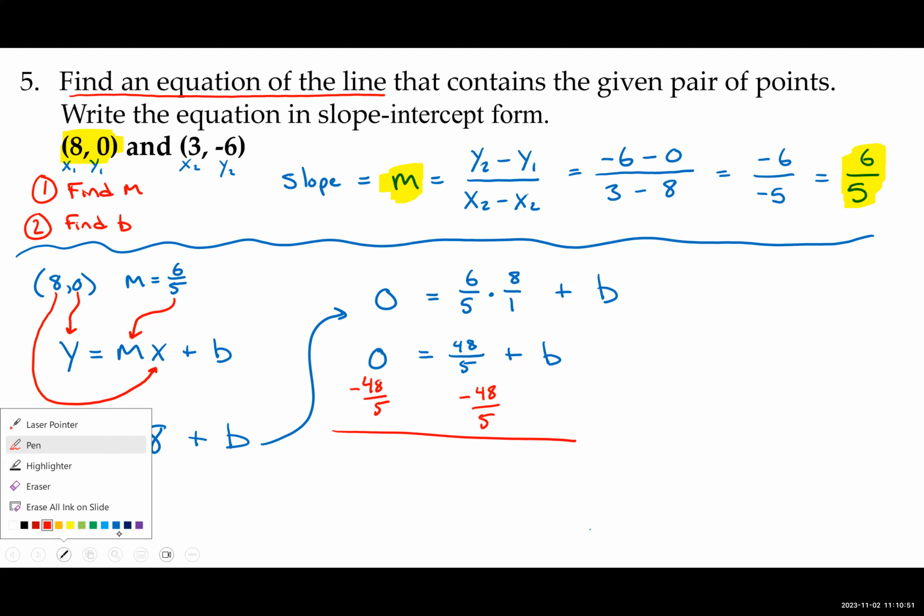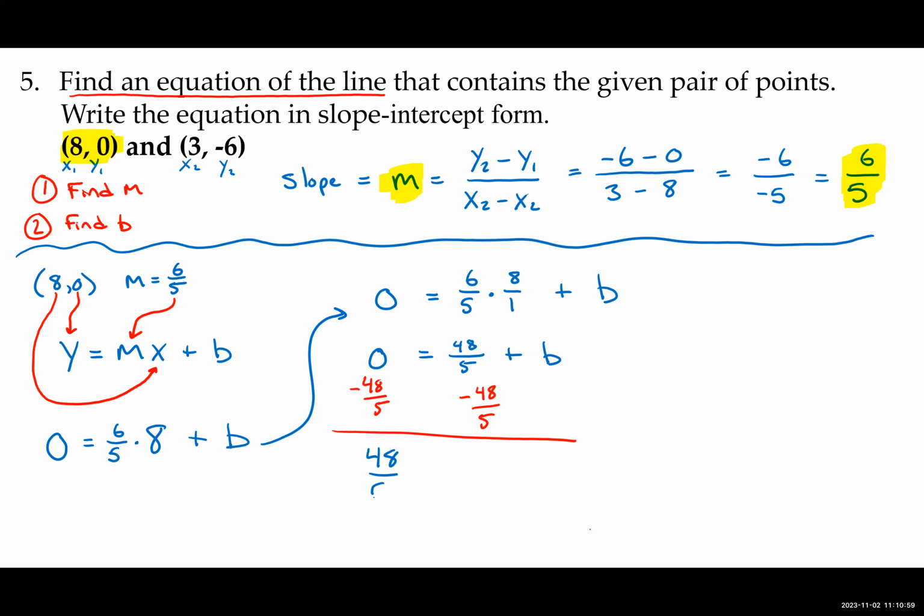We don't have to worry about common denominators and messing around with the fractions. It's just 0 minus 48 over 5 is -48 over 5. And on the right-hand side, we've got b. All right, so we've got our m, we've got our b, which means we've got our equation.